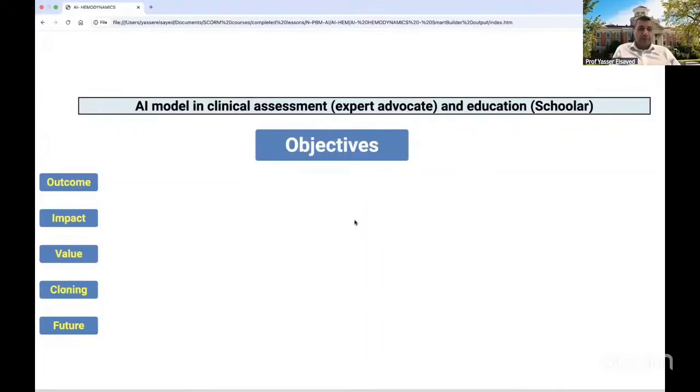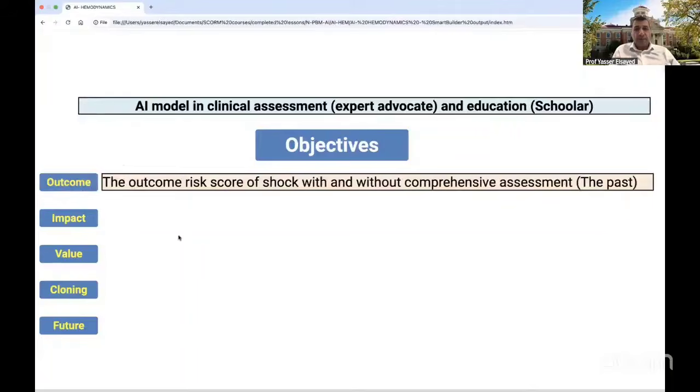So I have five main objectives here, and for the first objective, I'm talking about the outcome. Keep in mind that I'm talking about past, present, and the future at the end of my presentation.